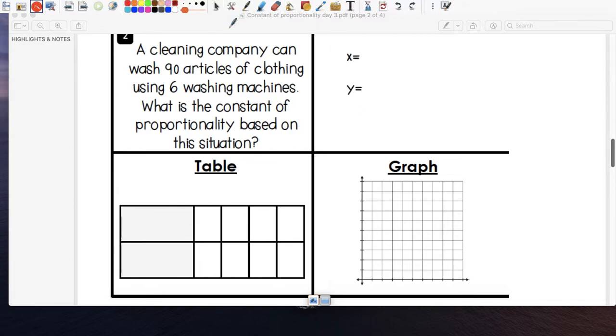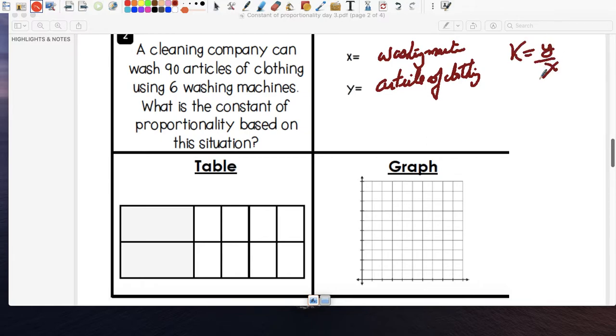So for this case, 90 articles of clothing using 6 washing machines. We'll put the washing machines here on my X, and the number of articles of clothing on Y. So X is my washing machine, which is 6.